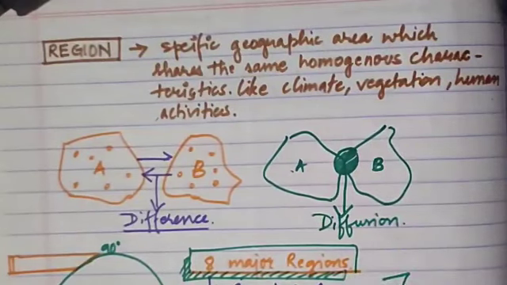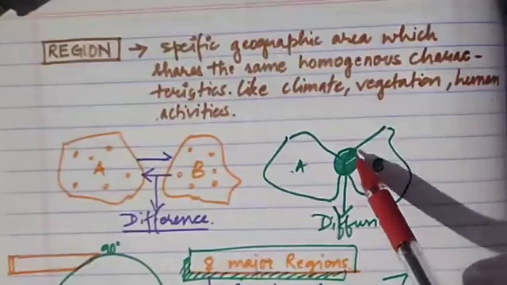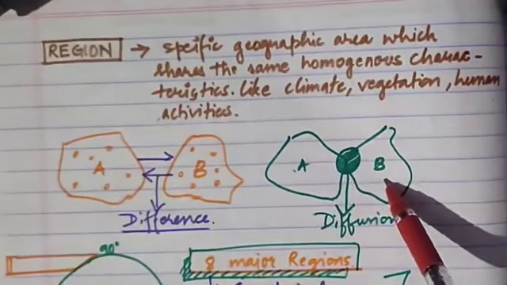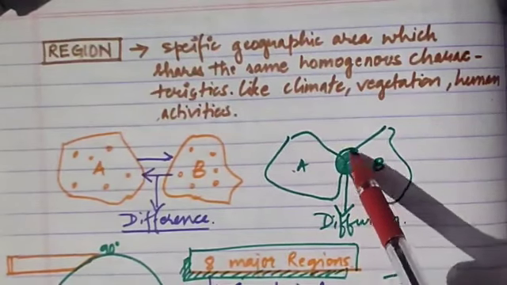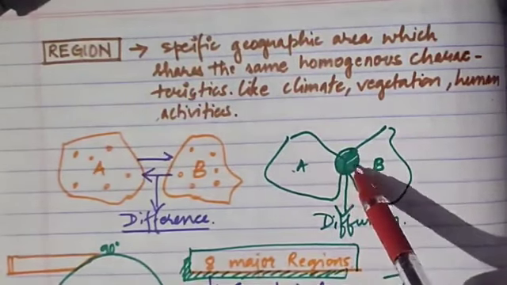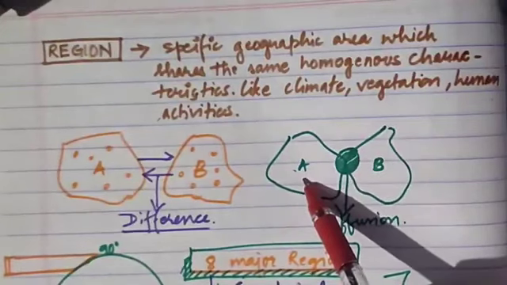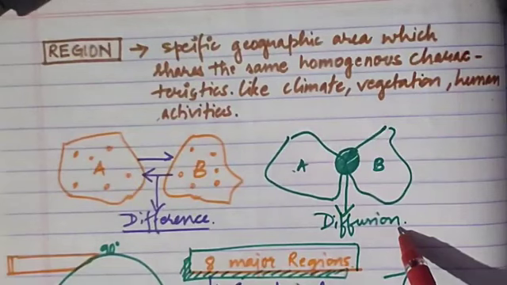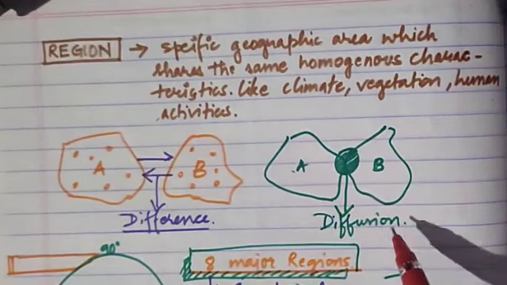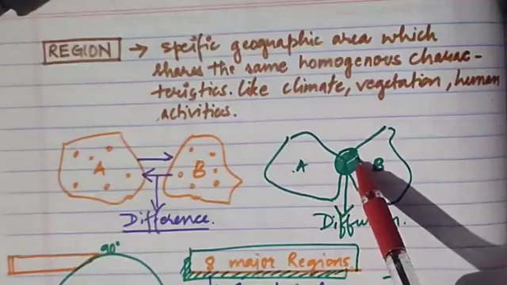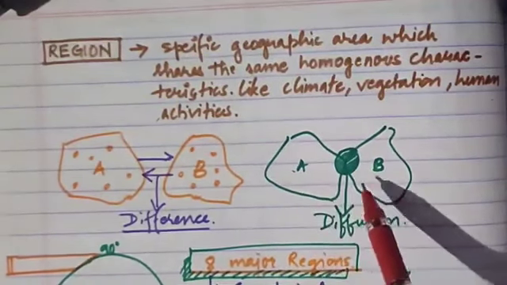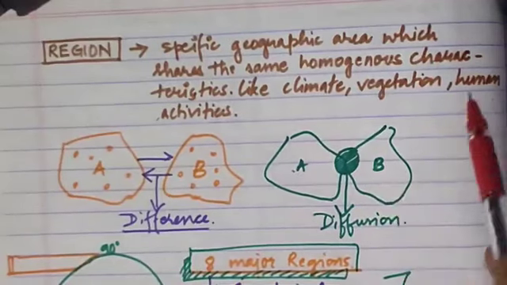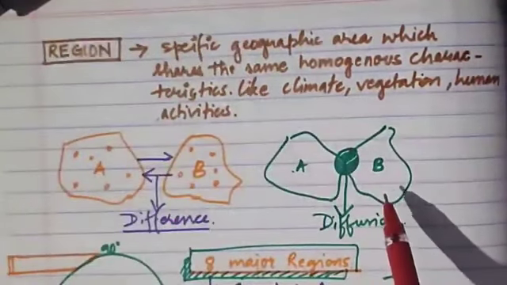Now again, one more important thing is that the border in between place A and place B will have access to place B as well as place A. So this area can also be called a diffusion area or the intermingle area, because in this area you will find the characteristics of both A as well as B. Understood? So this is a short introduction to the topic region.